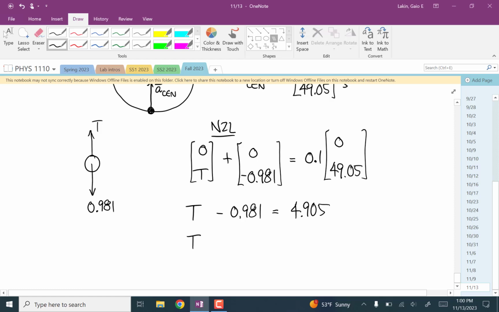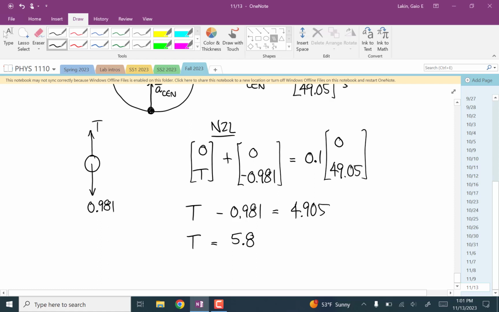And so T is equal to 4.905 plus 0.981. Did you want to add it?